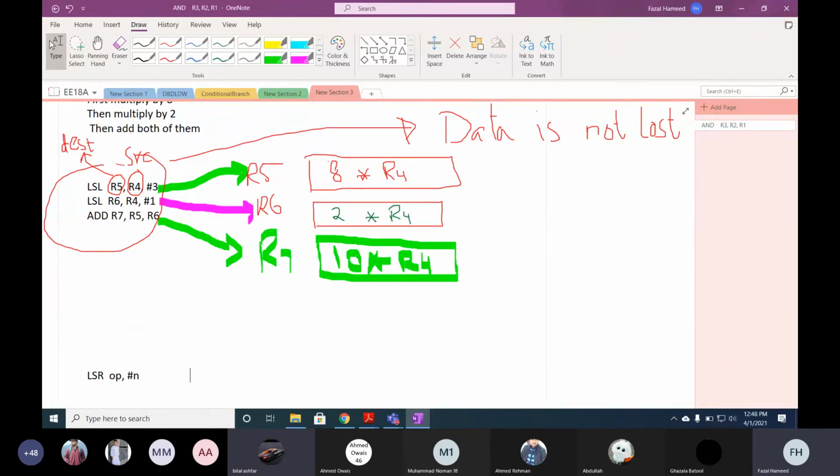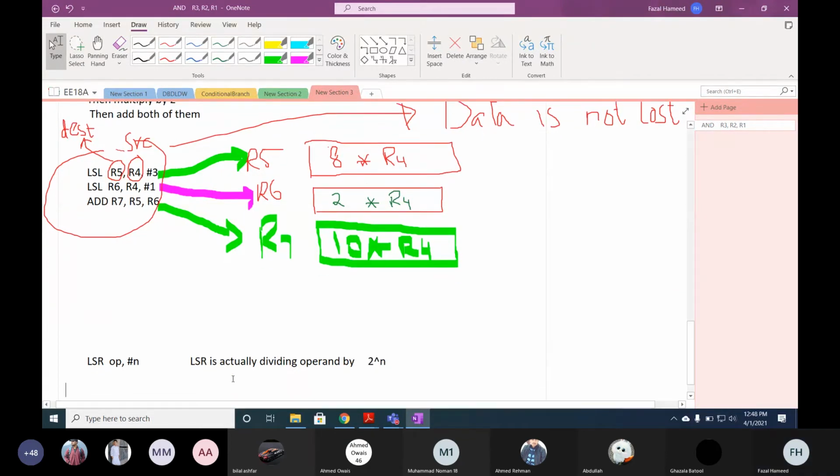If you're shifting on the right, will it be multiplication or division? Division. So logical shift right is actually dividing by 2 raised to the power n.